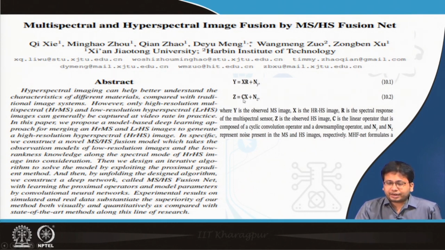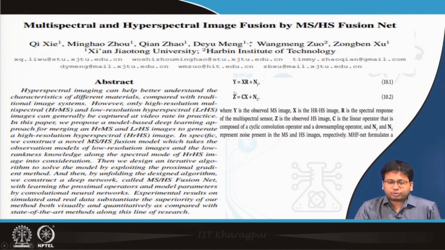The C, on the other hand, is a linear operator which does something equivalent to coarsening of an image, so that when it operates on this X, which is the high spatial resolution image, we get an output Z which maintains the same spectral resolution, but reduces the spatial resolution.